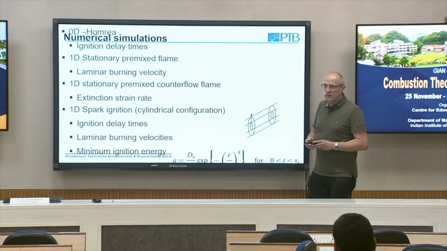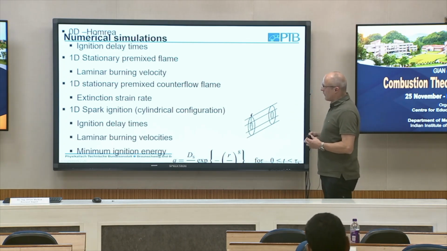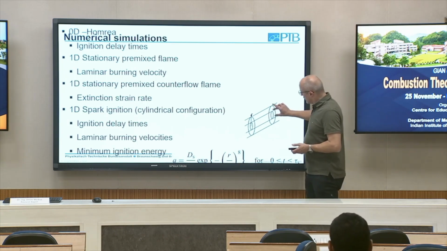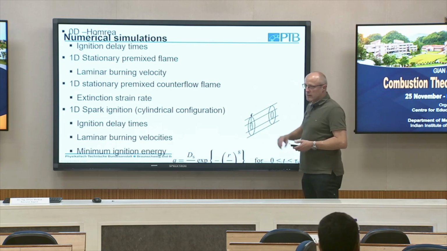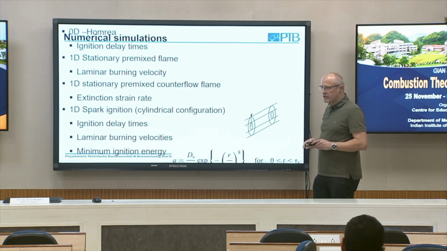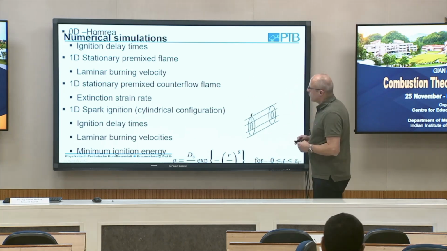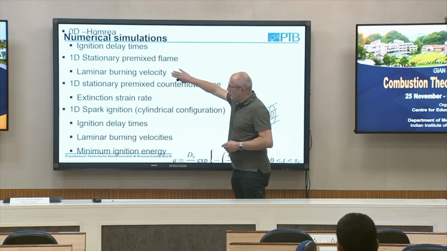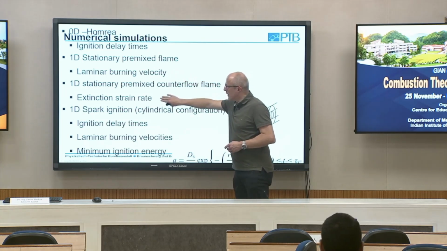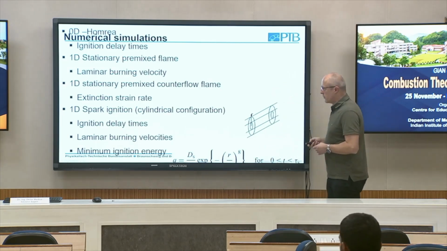So again, we can use a one-dimensional configuration to represent our ignition problem. We deposit energy here, and then we calculate ignition and flame propagation perpendicular to this spark channel.